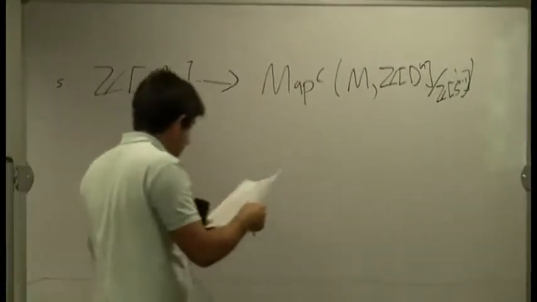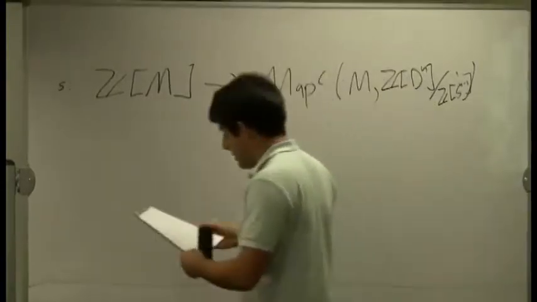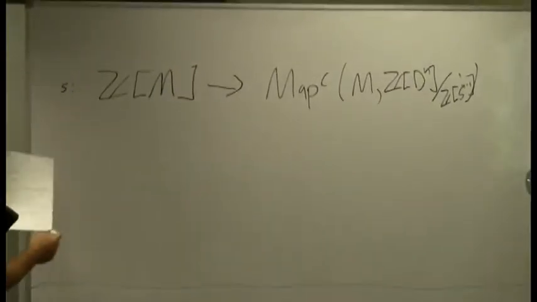So the way that this goes is, we're going to define the adjoint of the map.